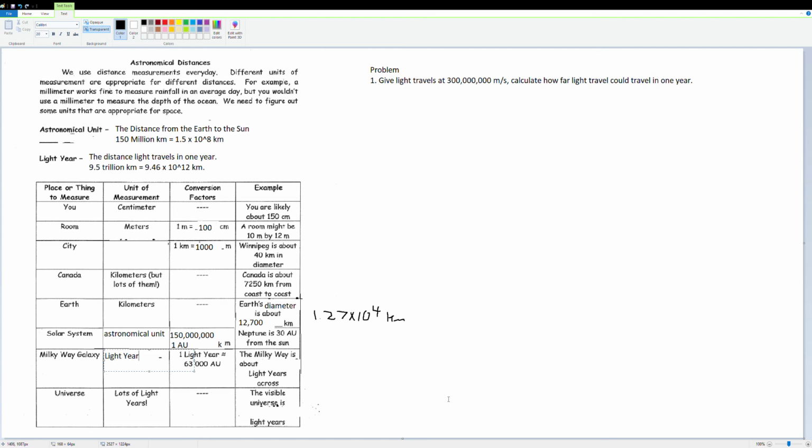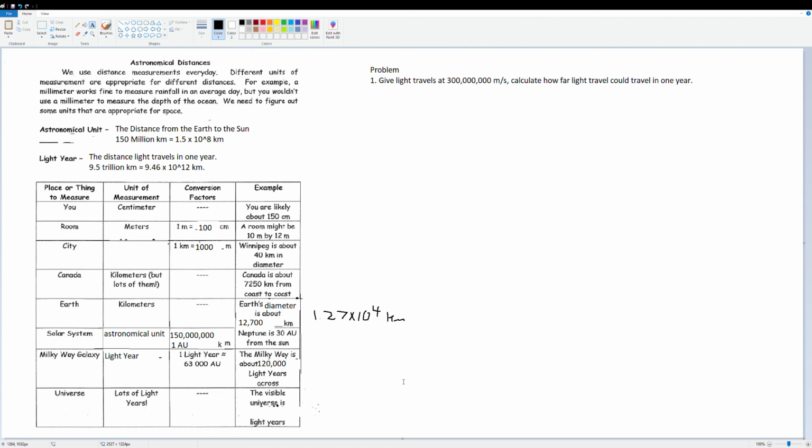So a light year. 1 light year is equal to 63,000 astronomical units, so a fairly large number. The Milky Way galaxy, of course the galaxy we reside in, is about 120,000 light years across. Once you get past the Milky Way, the next biggest step is the universe.